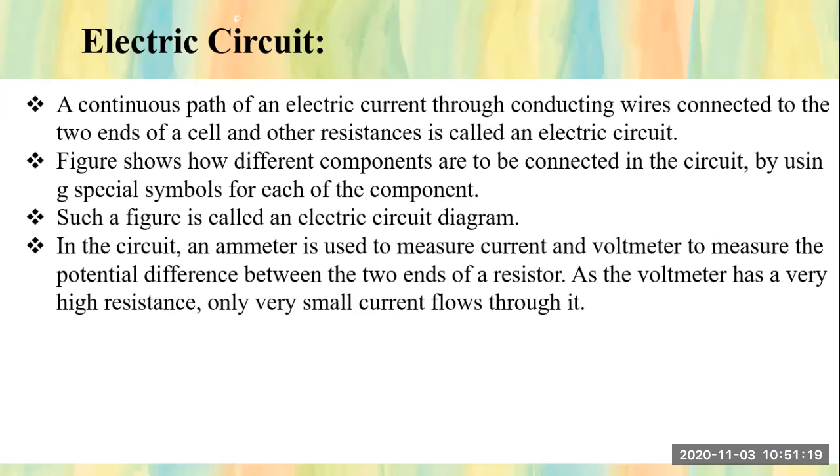If the voltmeter had a very low resistance, then all the current would flow through the voltmeter only, so it would not be able to measure the potential difference. Hence, the voltmeter always has high resistance, and hence a very small current flows through it, and it is useful to measure potential difference. I hope you have understood all 4 points.